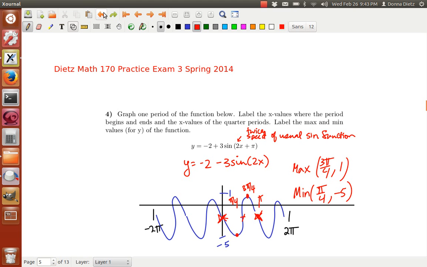Other than that, you have to understand that by replacing the x with 2x, you're doubling the speed. You have to understand that by multiplying by 3, you're stretching it. You have to understand that subtracting 2 means you're going to drop the function. Those are the basic things I'm going to look for. And if you hit those points and label the max and min, that would be full credit. It may look slightly different on your page.